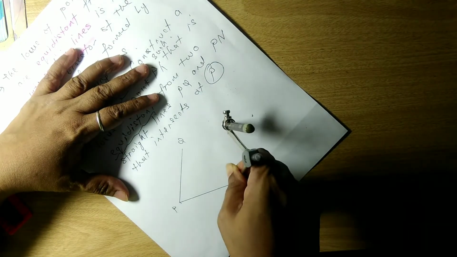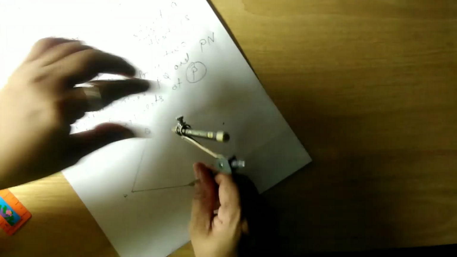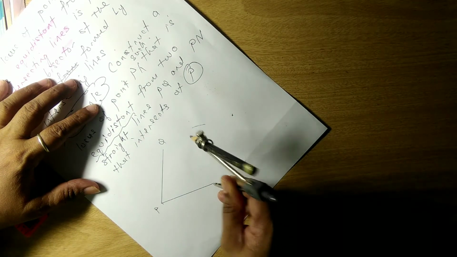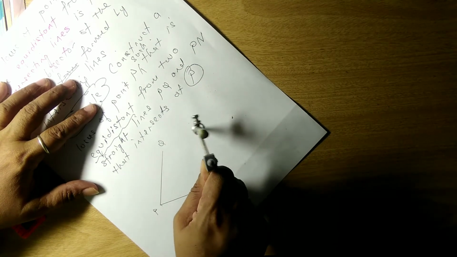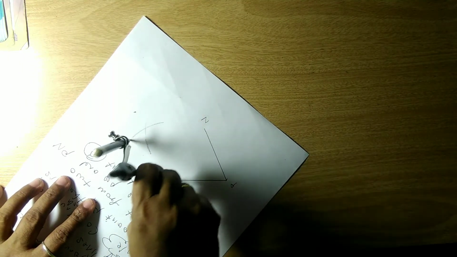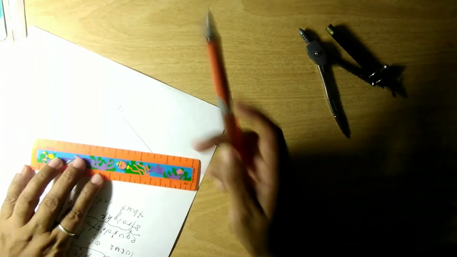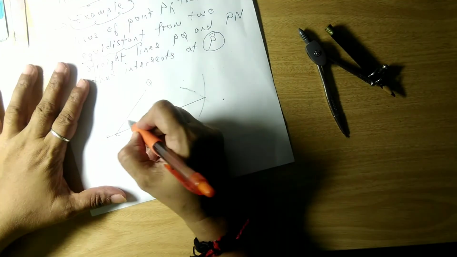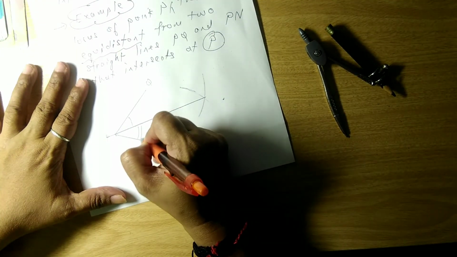So what you do is, we do this. So one here. One more here. So now here when you actually connect, this is your locus which actually divides the angle into two equal parts.